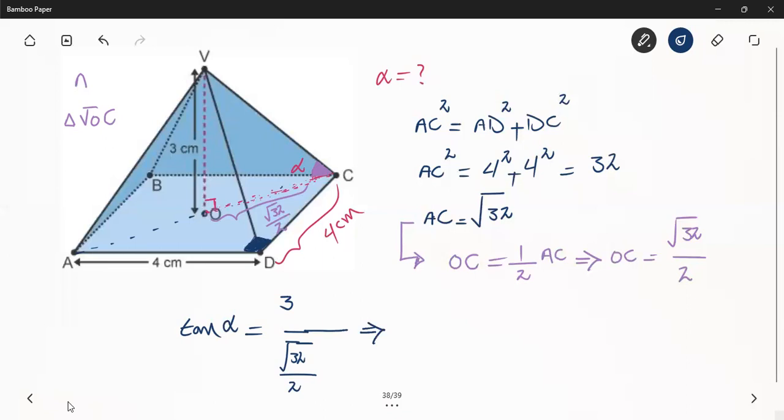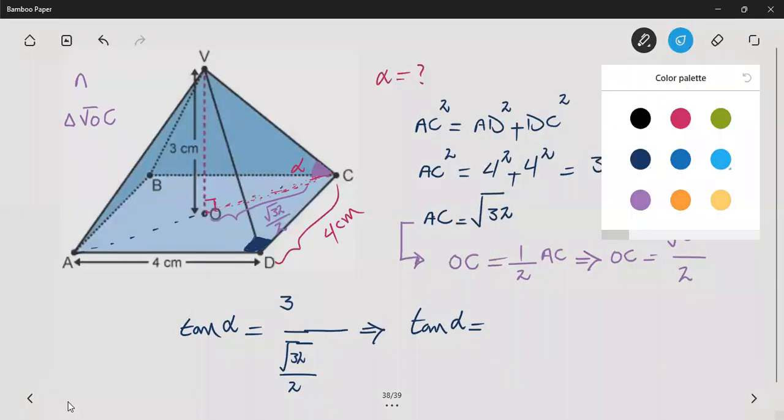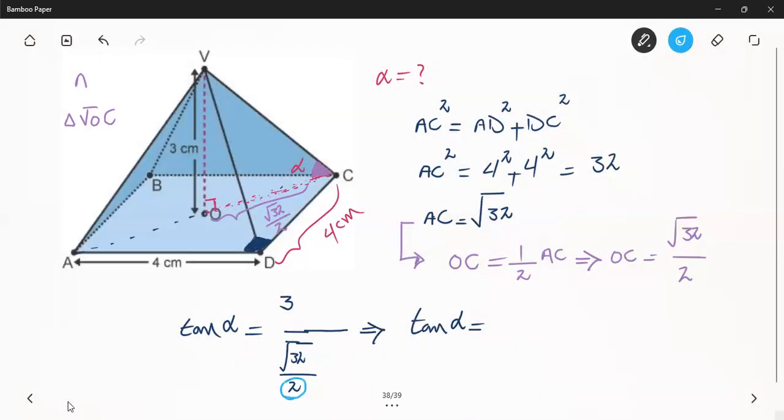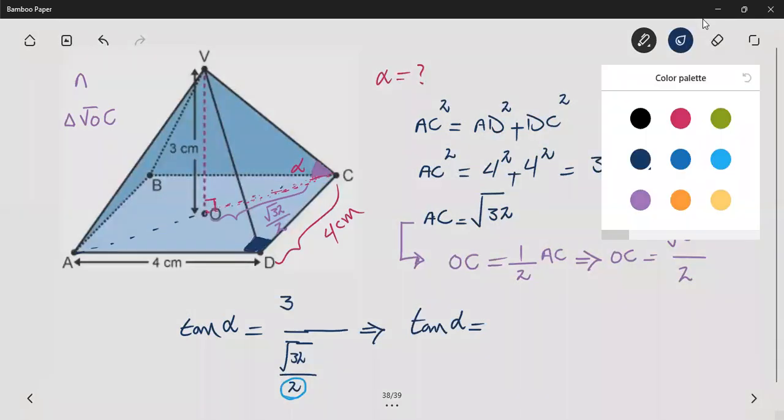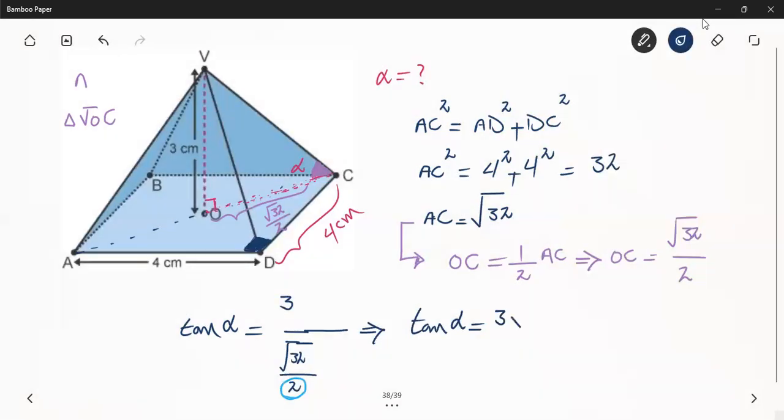Then I get tangent of alpha. Look at this one. We have 2 here. When you rewrite it, it comes all the way up. You flip it and it converts to multiplication. We have 2 times 3 over square root of 32, which essentially equals 6 over square root of 32.